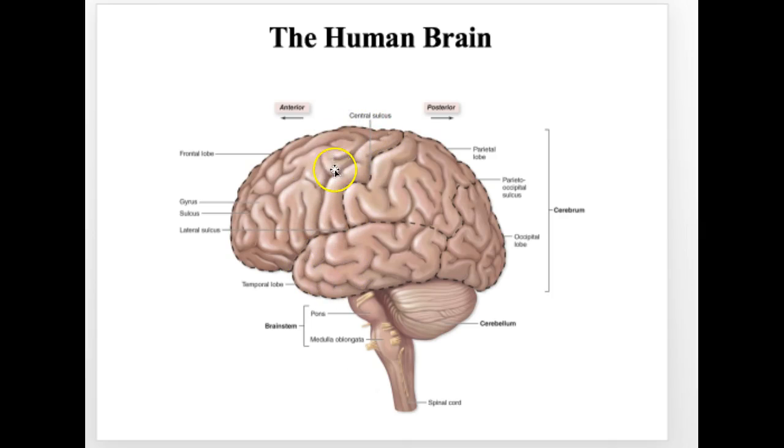So this design of all of these folds of the cerebral cortex allows for greater surface area and allows for more neurons to be accommodated within the brain areas.